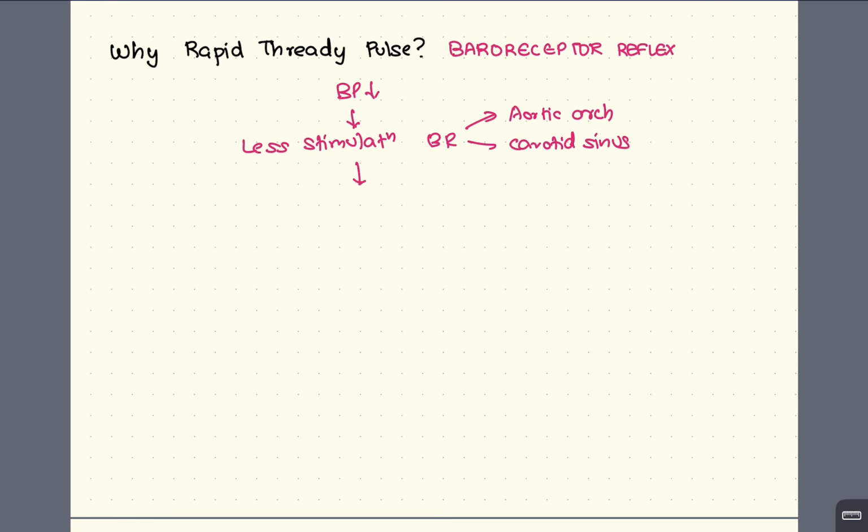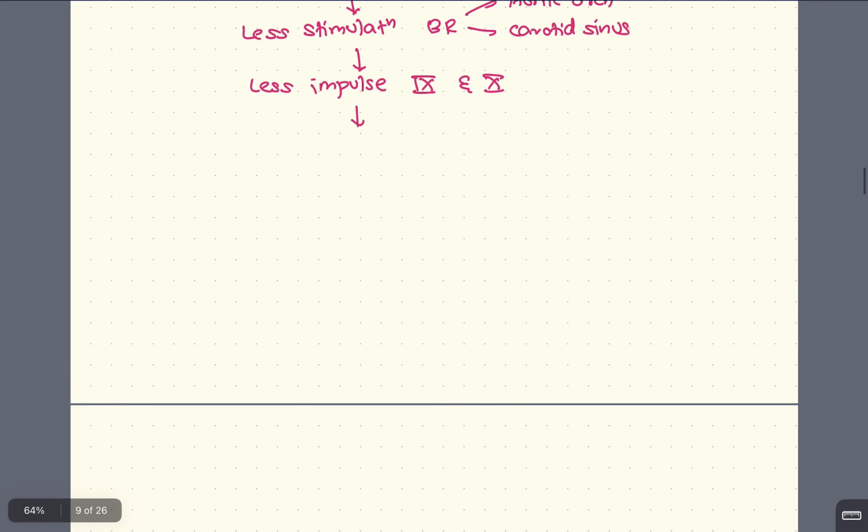Because of this, there is less impulse through the ninth and 10th cranial nerves, and this causes less activation of the nucleus tractus solitarius.